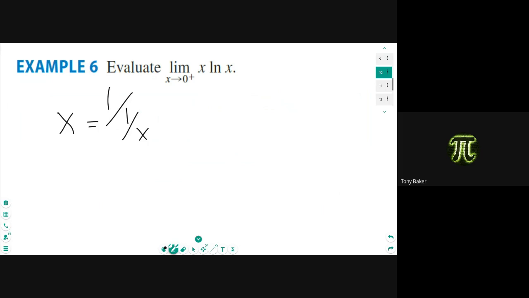So I can change this problem, x ln of x, to ln of x over 1 over x. This, I will tell you, is the hardest thing to wrap your head around.